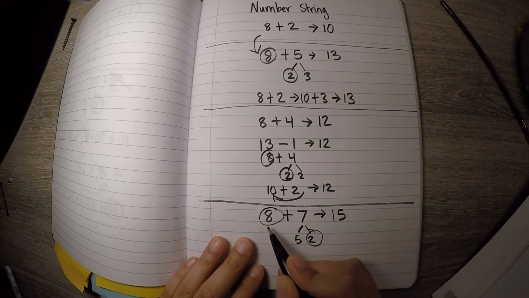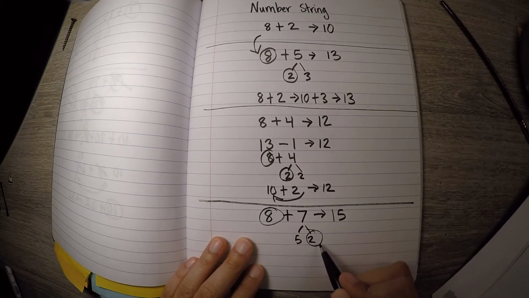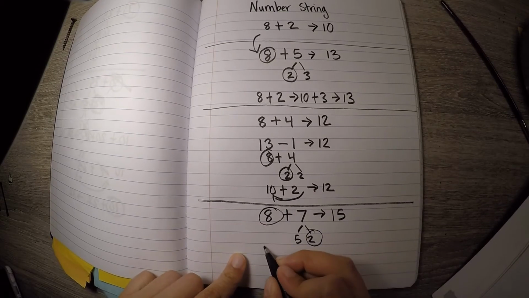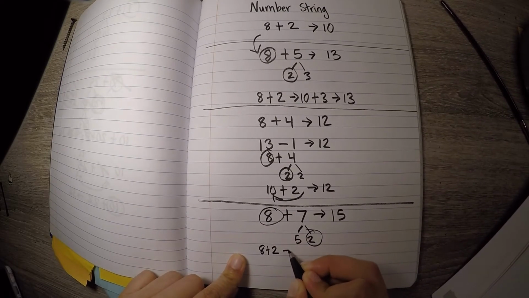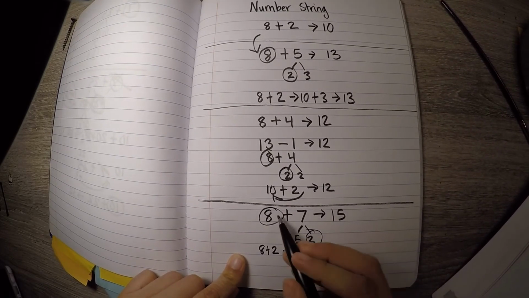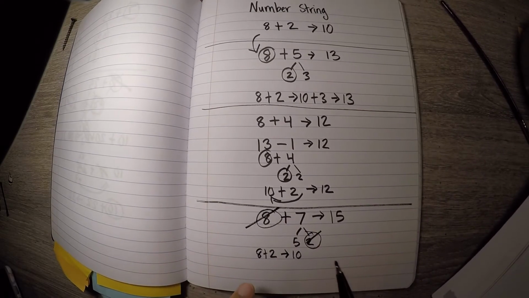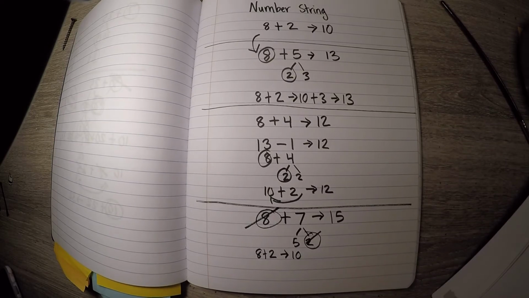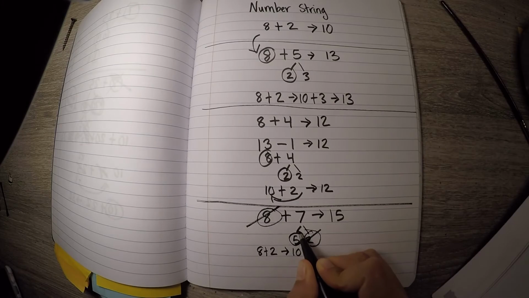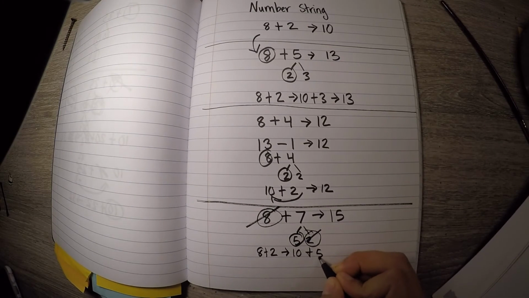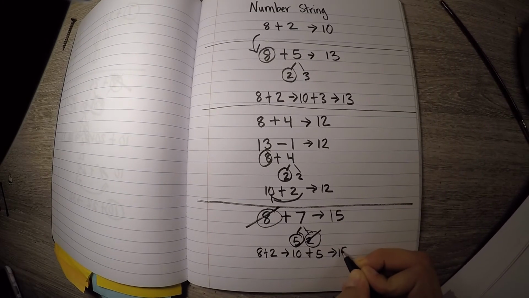Found that number fact of 8 plus 2 makes 10 within it. I'm going to cross it out just to make sure that when I go back and see what numbers I haven't added yet, it's easier. And then saw that there was the 5 remaining that you needed to add, and that led you to 15.